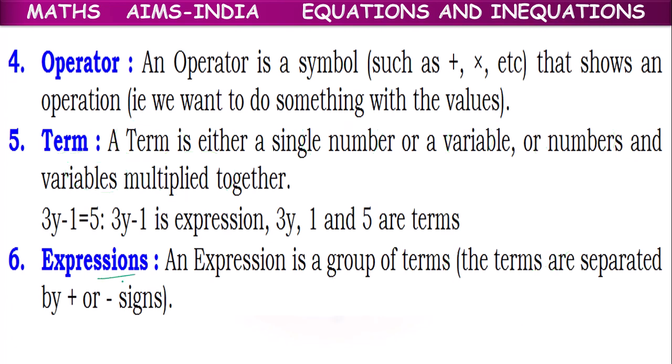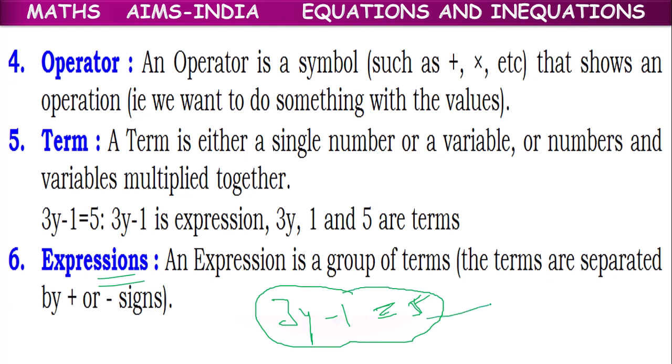Next one, expression. In 3y minus 1 equal to 5, the total 3y minus 1 equal to 5 is called an equation.